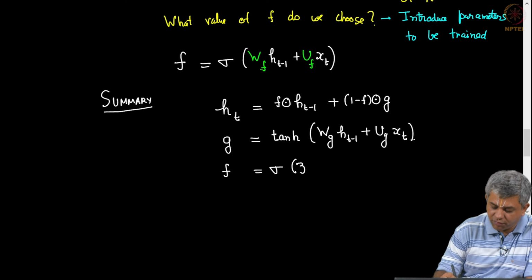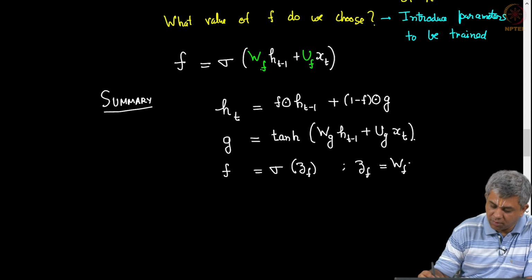F was sigmoid of Z_F, where Z_F is equal to W_F H_{t-1} plus U_F X_t.